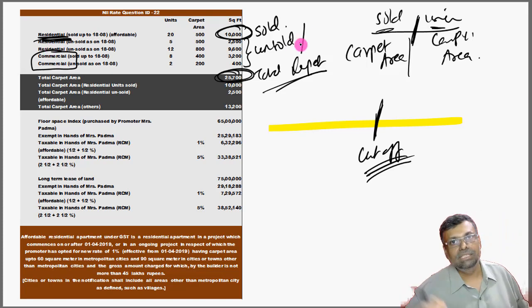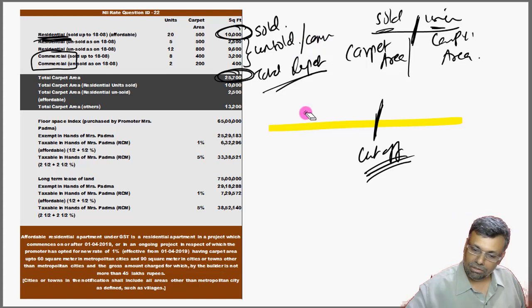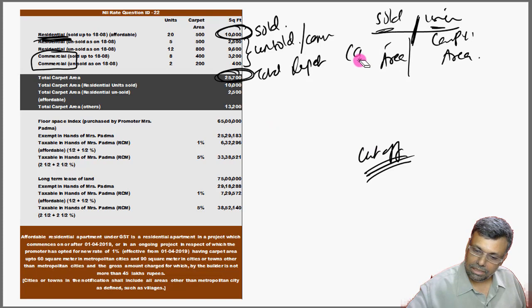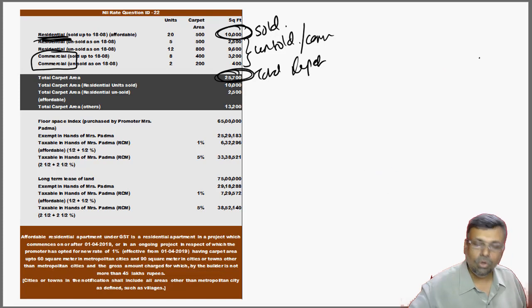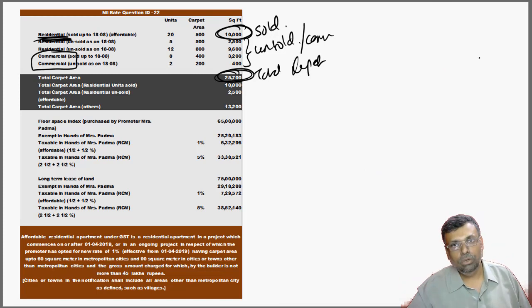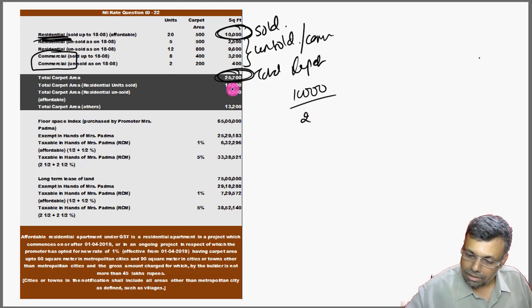Either it is unsold, that means residential unsold, or any other commercial plot, because this particular exemption is available, or the RCM is not taxable, or you can say exempt as per the notification, but this benefit is applicable only with respect to the residential accommodations. Now it was 10,000. Listen very carefully. And the total is 25,700.